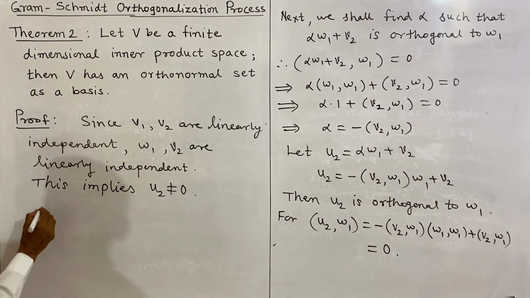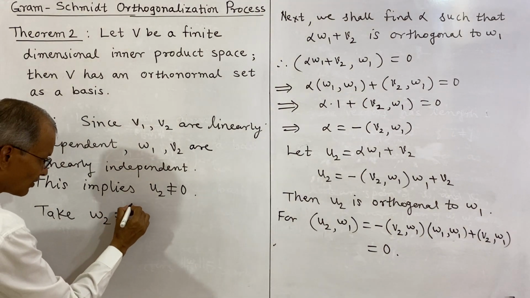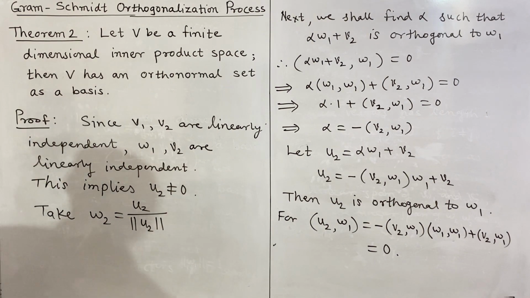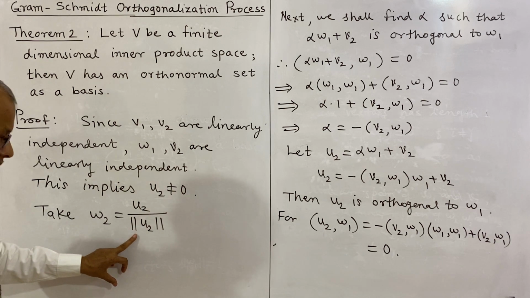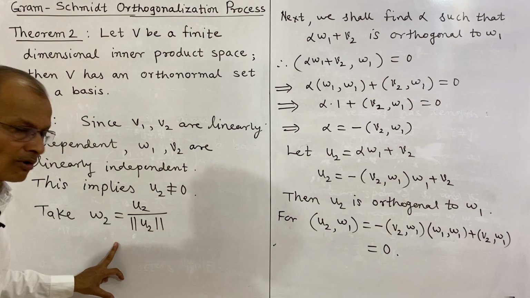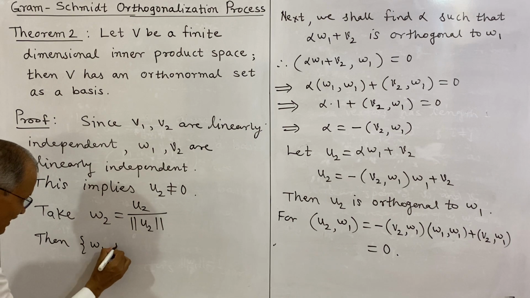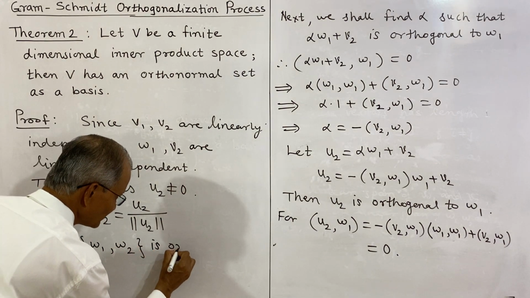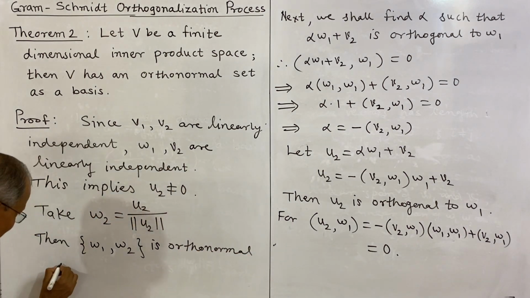And now we take W2 as U2 divided by norm of U2. Now we shall claim that W1, W2 is an orthonormal set.